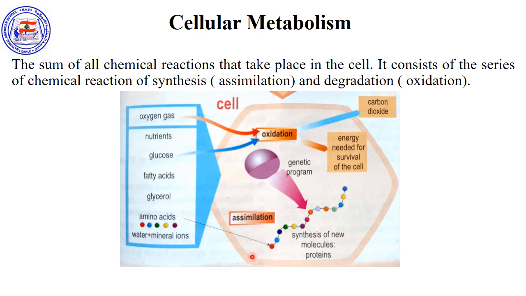So this is the process of assimilation. In case of oxidation, energy is produced. However, in case of assimilation, nutrients are transformed back into organic matter. For example, again, amino acids into protein, fatty acids and glycerol into lipids.